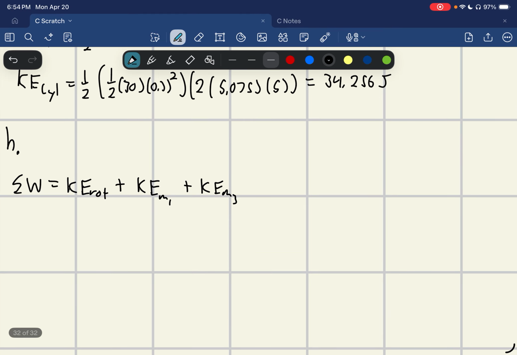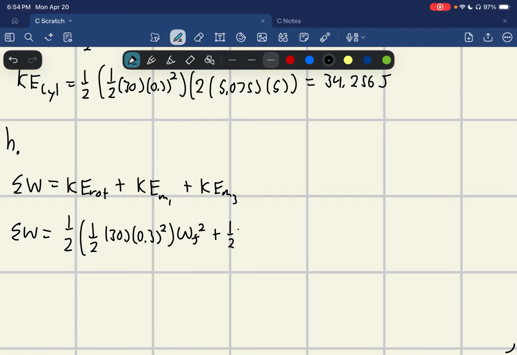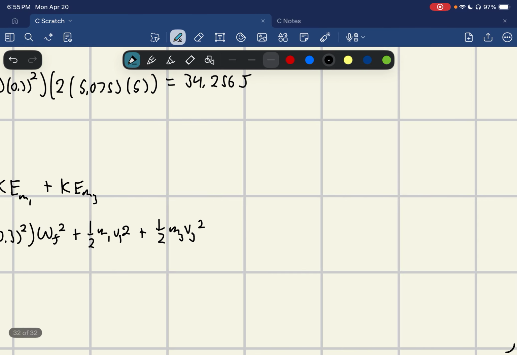So here we can expand all of them into work is equal to 1/2 times 1/2 times 30 times 0.3 squared times omega f squared plus 1/2 m1 v1 squared plus 1/2 m3 v3 squared. Okay, so we just need to find omega f, v1 and then v3.